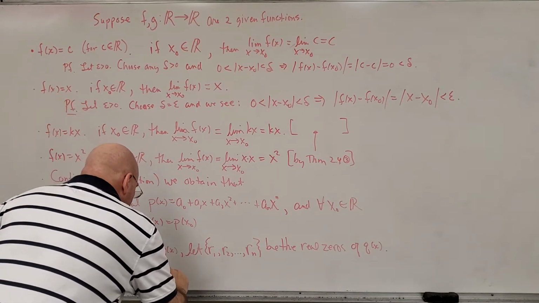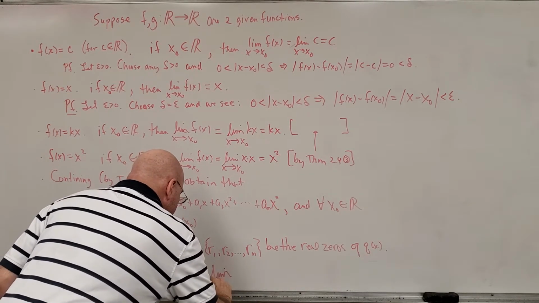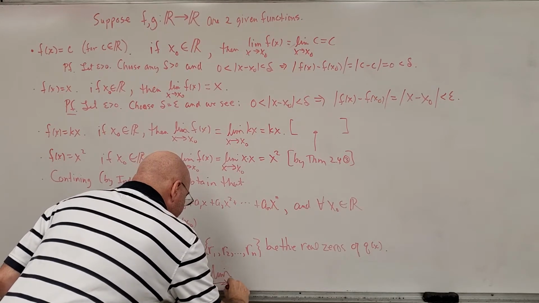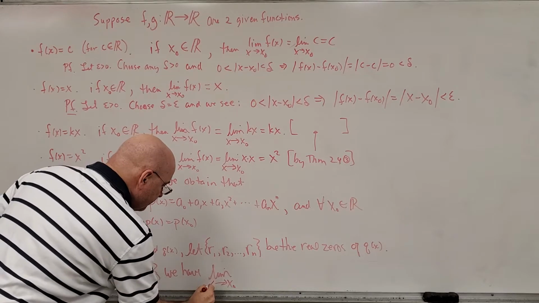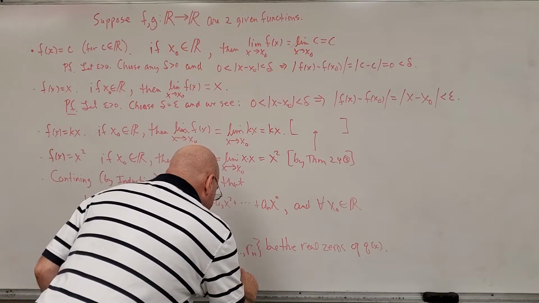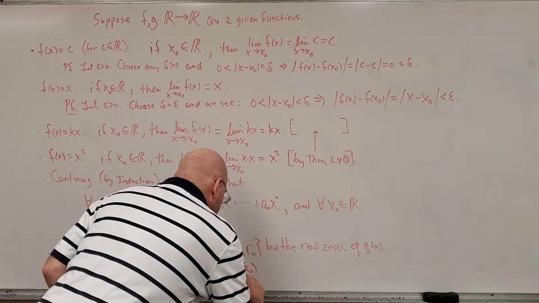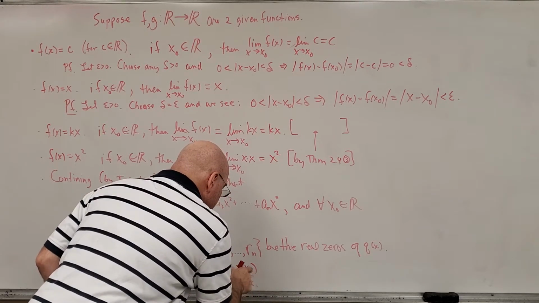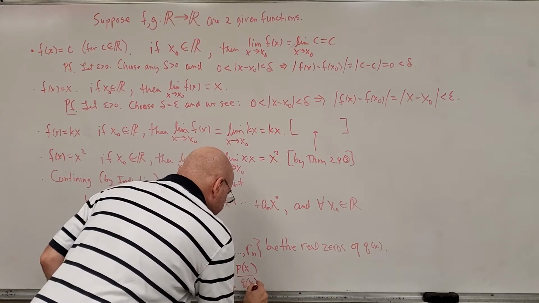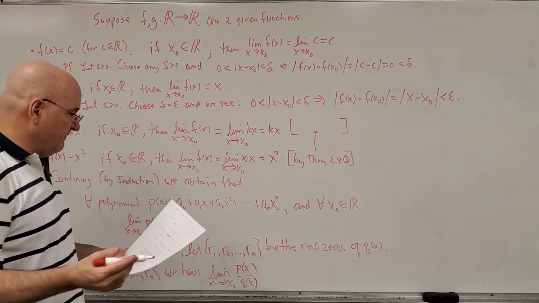So we have that the limit as x goes to x naught, I hope you can see that at the very bottom, of p of x over q of x, sorry, that would be p of x over q of x. That limit is simply going to be p of x naught over q of x naught.